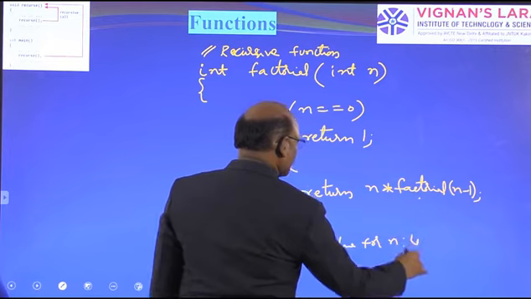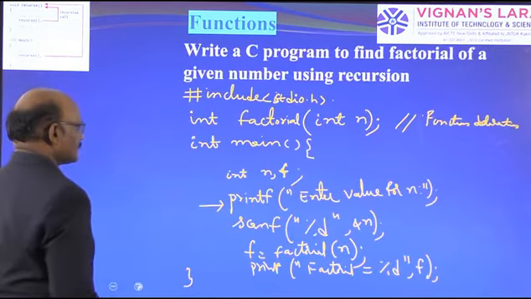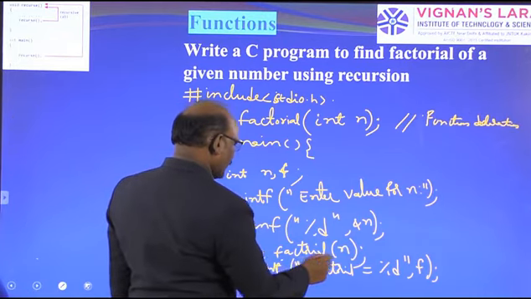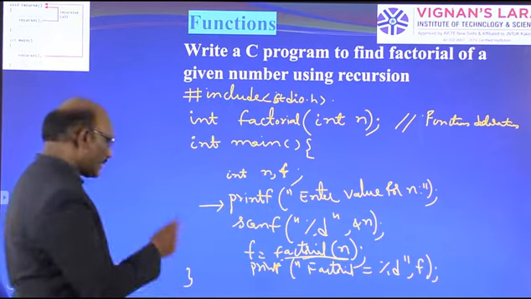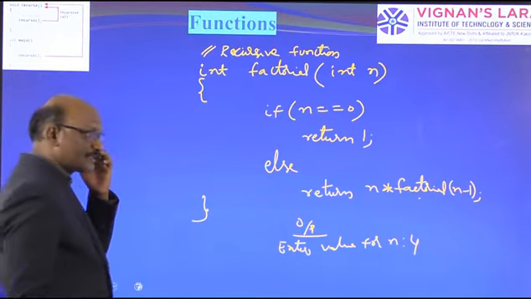Suppose n value is 4. Now f equal to factorial of n. Factorial of n will be called, and the control moves to the definition of the recursive function.